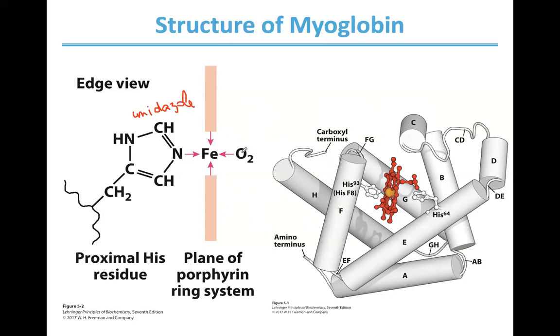And on this side, we're going to have oxygen bound to iron. So myoglobin has 8 alpha helices.